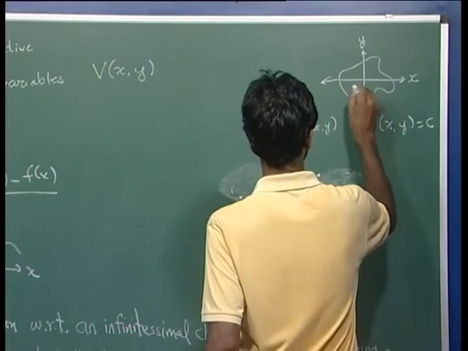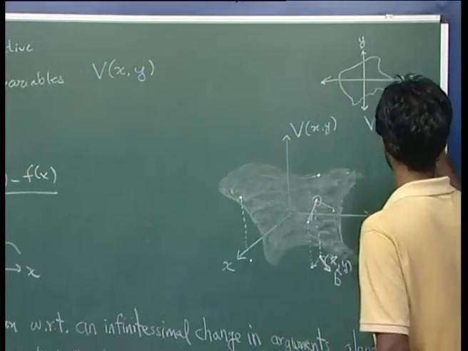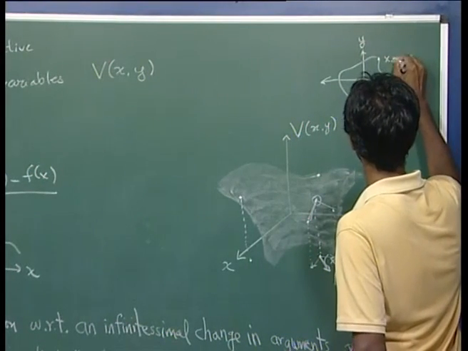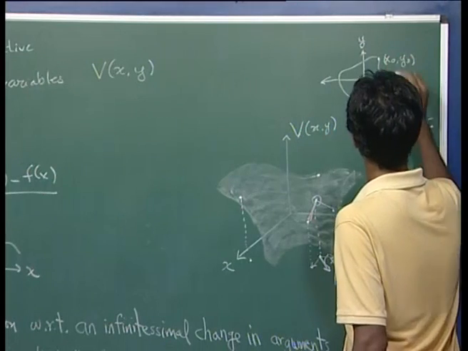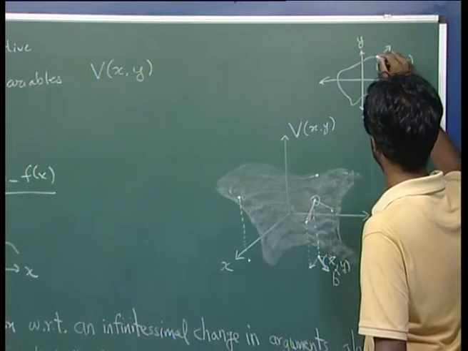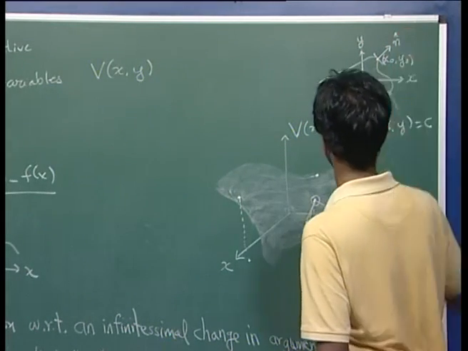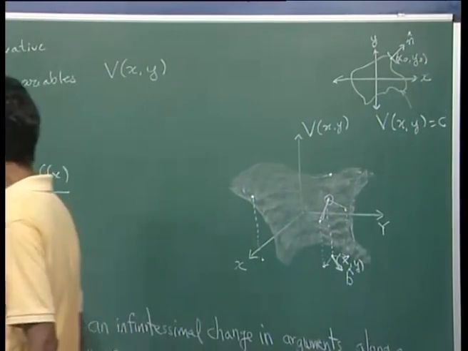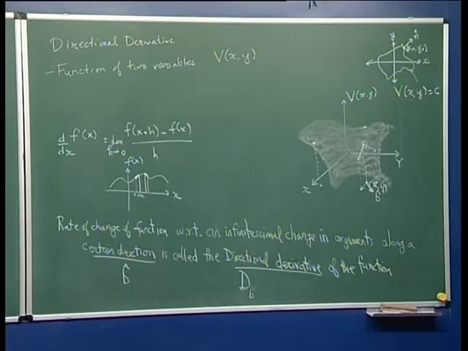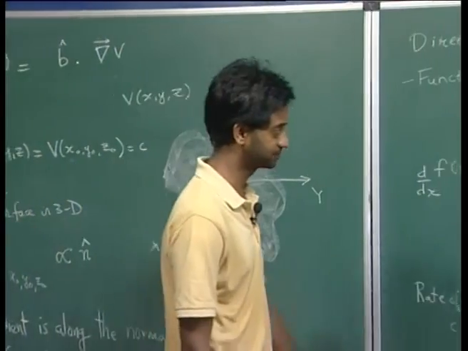That could be closed, it could be open, it looks like this. If this curve passes through the point x0, y0, then the gradient will be along the normal to this curve at this point. So, you draw a normal to the curve at this point, and this is the direction of the gradient. It is probably easier to see it with this 3-dimensional example, but it holds even for 2 dimensions.